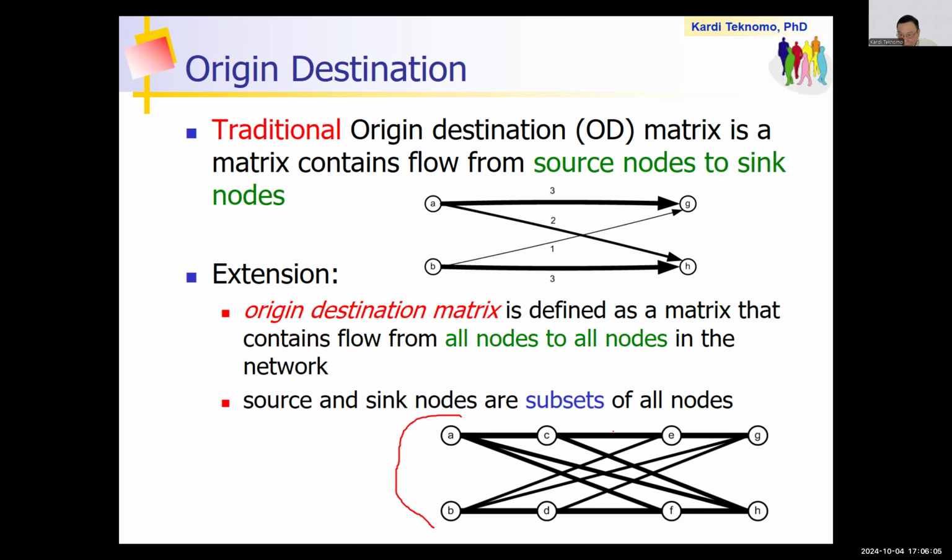Because if A can go to G, then A can also go to C, and A can also go to E. The same thing, if C can go to G, then C can go to E and eventually to G. So the OD matrix here is more general, from all nodes to all other nodes, that they can reach through the directed graph.